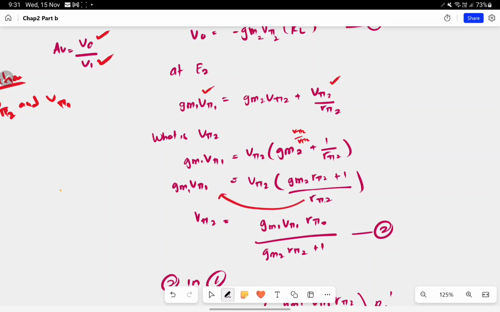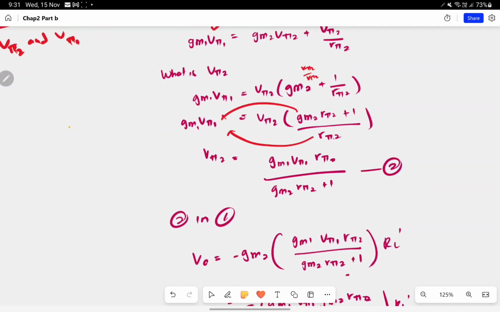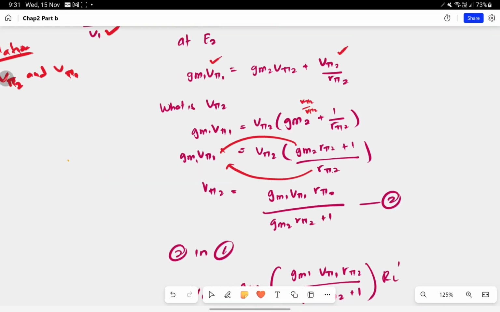When we bring it to the left side it becomes times, and this term brought to the left side becomes divide. So GM1 V pi 1 times R pi 2 over GM2 R pi 2 plus 1. Alright. Now we know the relation between V pi 2 and V pi 1.